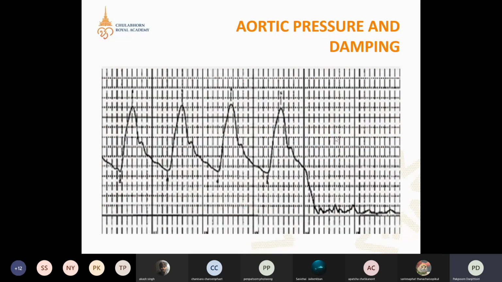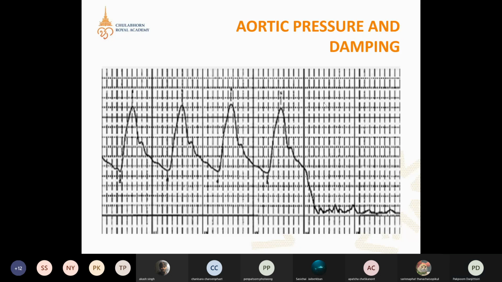Okay, for example, just like this tracing from the aortic pressure, maybe at this period the doctor may be doing something like engaging the coronary ostium.